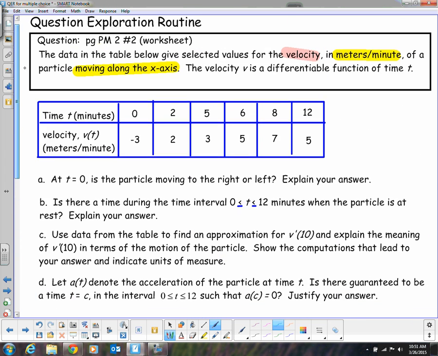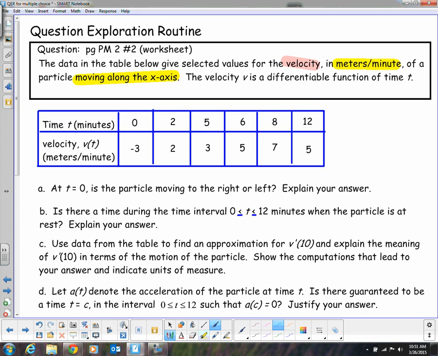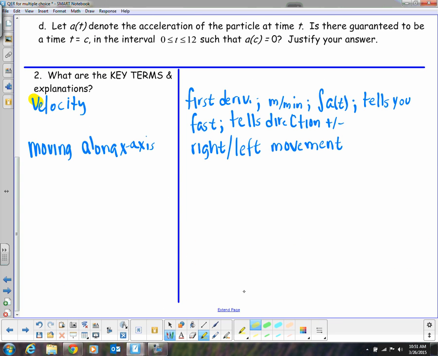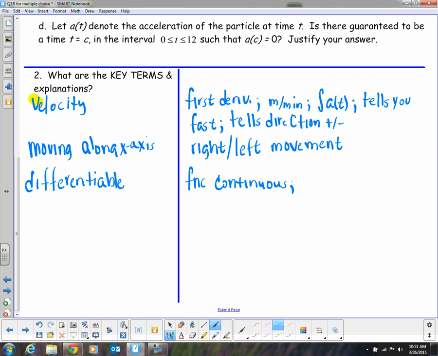All right, what else does it say? The velocity v, here's another big term, is a differentiable function. When you see the word differentiable, you know two things. That tells you that the function is continuous and the derivative exists.